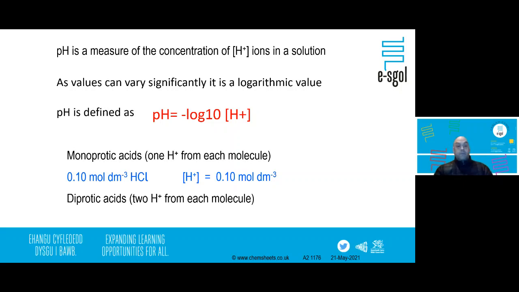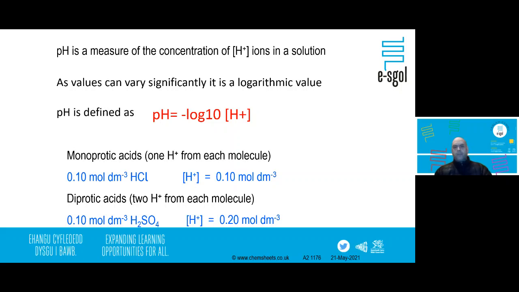And same for a diprotic acid, only now we generate 2 hydrogen ions per molecule. So for example, if we've got a 0.1 molar solution of sulfuric acid, hopefully from year 12, you'll recognise that this is going to generate twice the number of hydrogen ions, and therefore its number of moles is twice the value per litre.